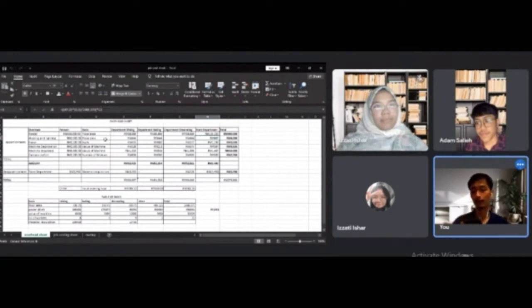Next, our overhead was power, amounting to 2,500.